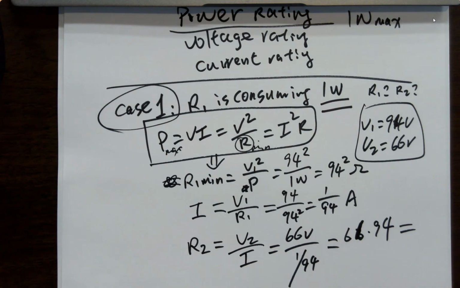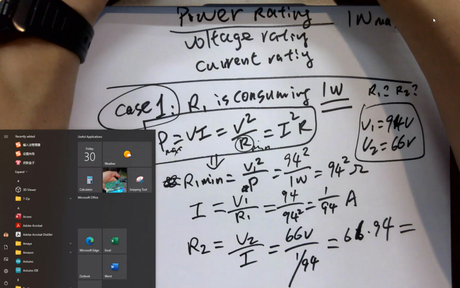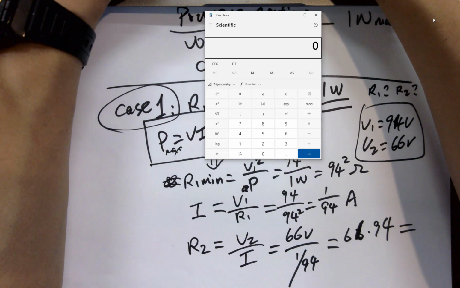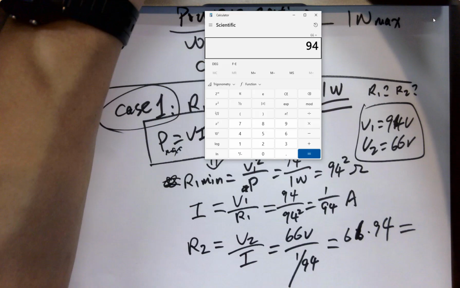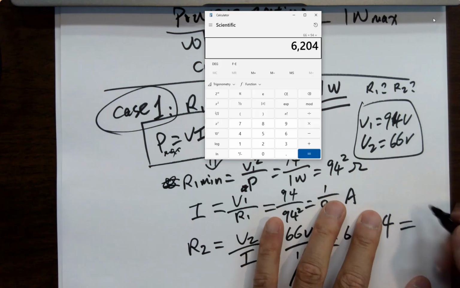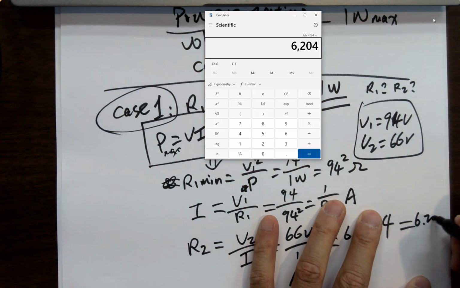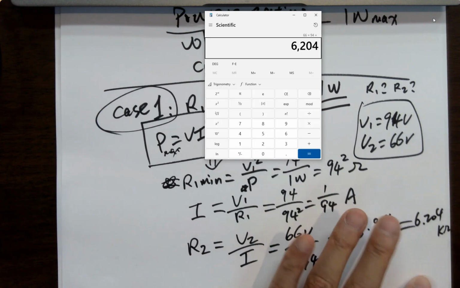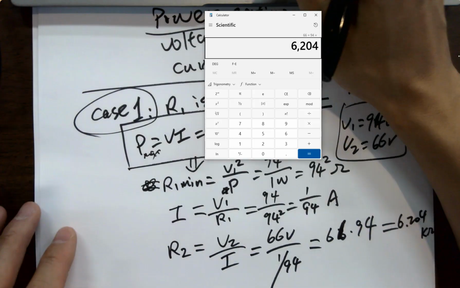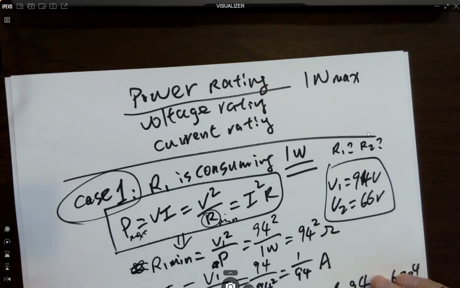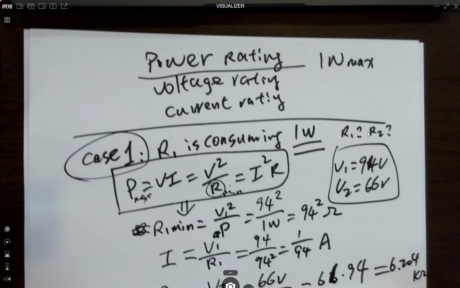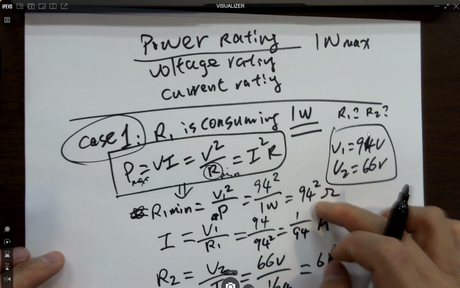Let's calculate it. 6.204 kilo ohms, right? What is R1?